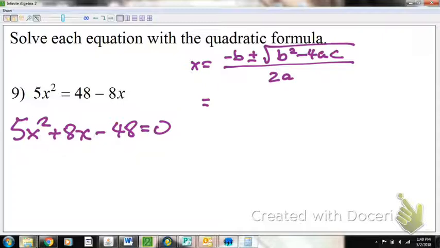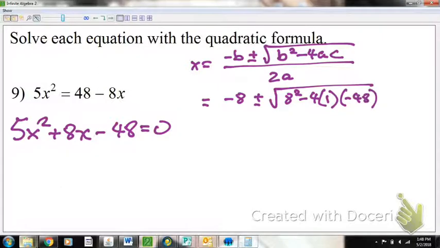So x equals negative 8 plus or minus the square root of 8 squared minus 4 times 1 times negative 48. Now see that negative 48 there, that negative c value ensures us that we're going to have a positive radicand, and that means we're going to have real solutions. Hold on, I made a mistake. A is not 1, A is 5. I don't know if I can do this or not. Yeah, it's not bad. 5.